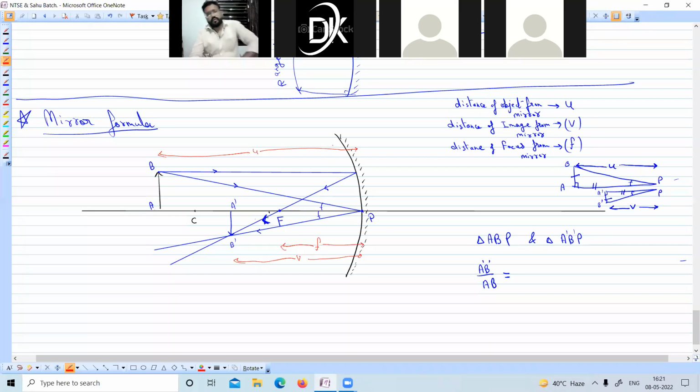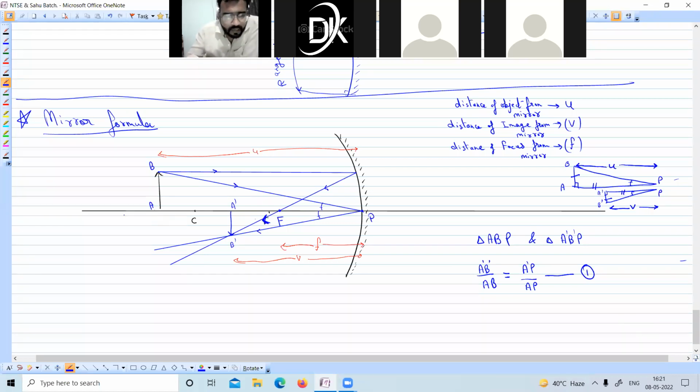All the measurements are always done from the pole only. Okay, so this triangle is similar. A dash B dash upon AB is equal to A dash P upon AP. Clear? Equation number 1, because one triangle is done.